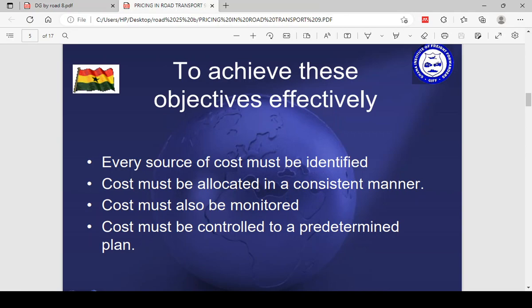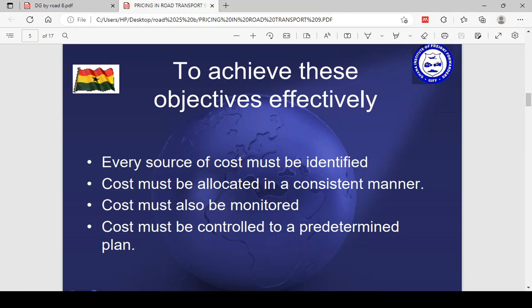Cost must be allocated in a consistent manner, not in a haphazard manner. Not because you look at the face of somebody and the nose is not good, or you like my nose, then you give me any amount. It must go with a certain laid down principle.